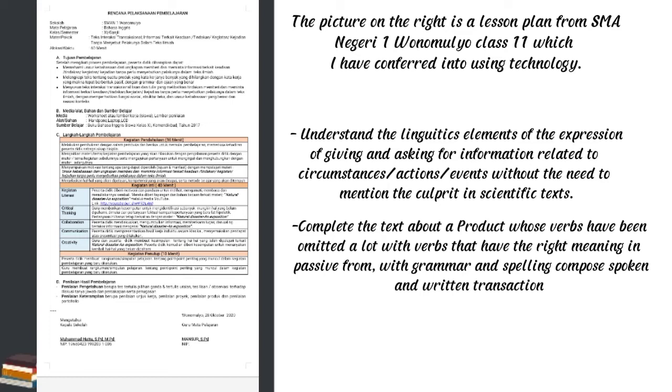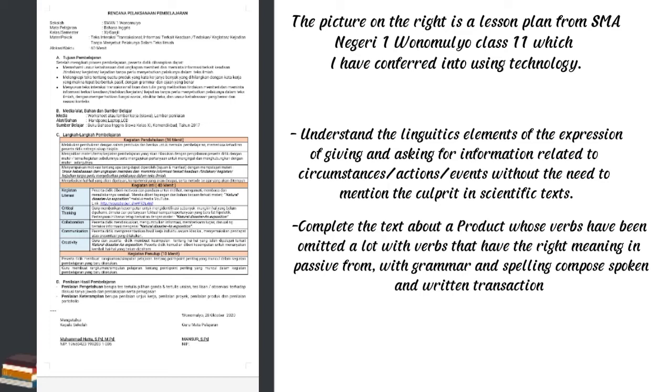Next, complete the text about a product whose verb had been omitted with verbs that have the right meaning in passive form, with correct grammar and spelling.